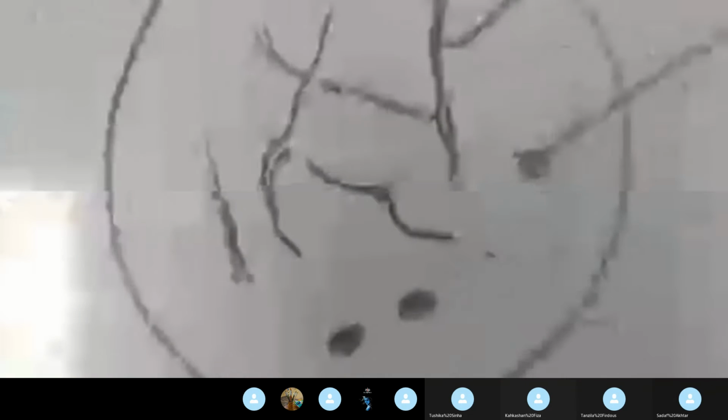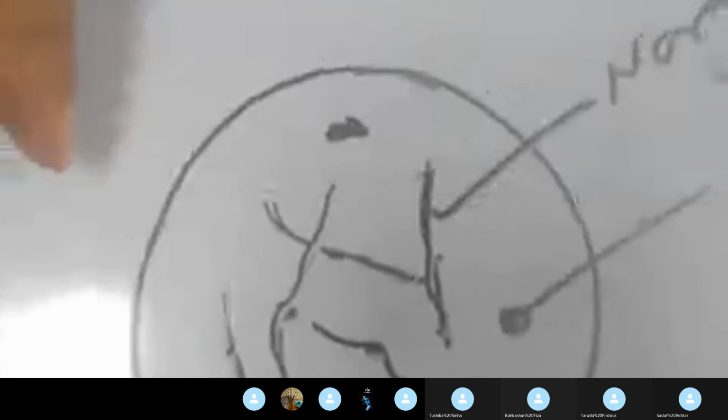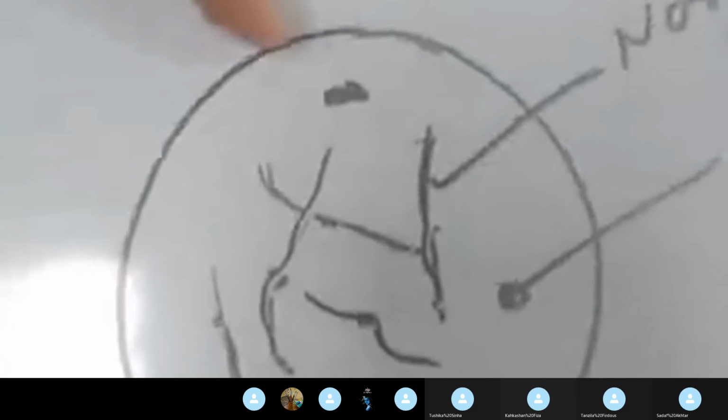Okay. So now look at the whiteboard and try to understand the diagrams of the B chromosomes which have been shown on the whiteboard. I have drawn the sketch. I have sketched a cell of the plant Tradescantia, in which the B chromosomes have been shown as dot-like structures.